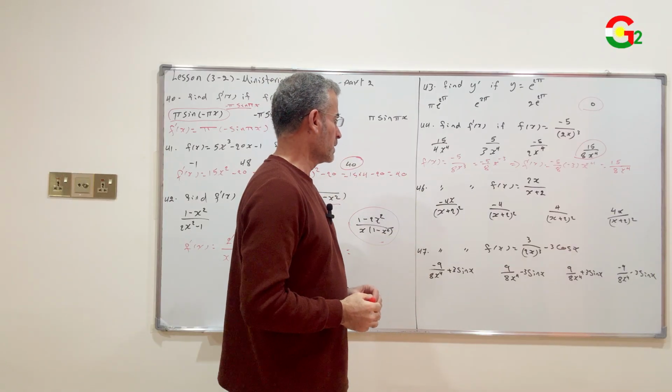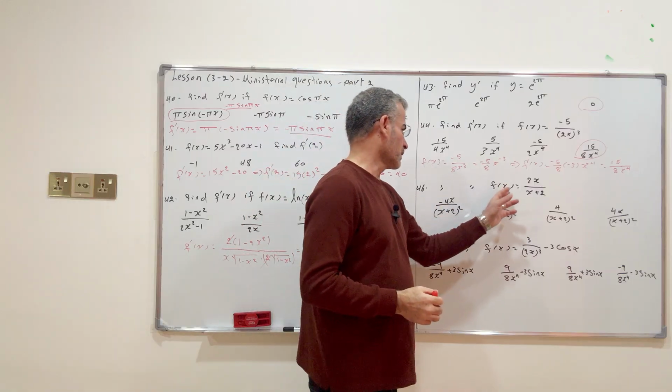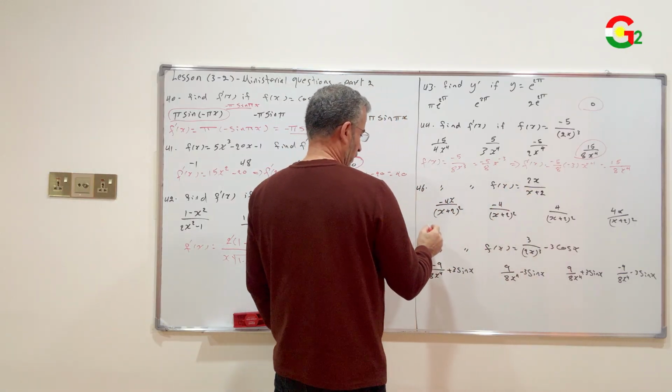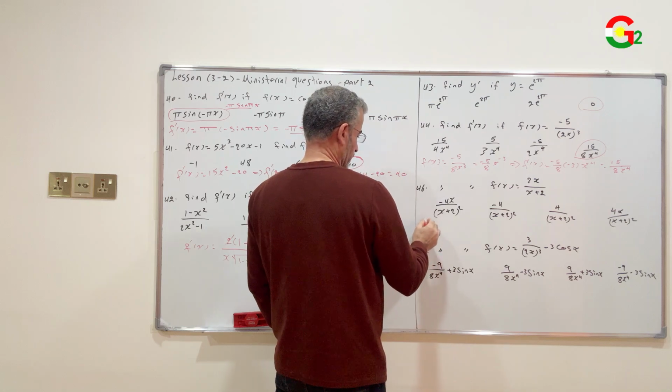Question number 46. Find the derivative of this function f of x equals 2x over x plus 2. Apply the rule of division of two functions.